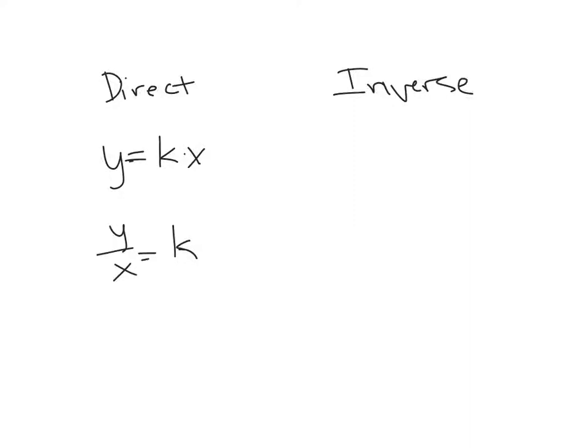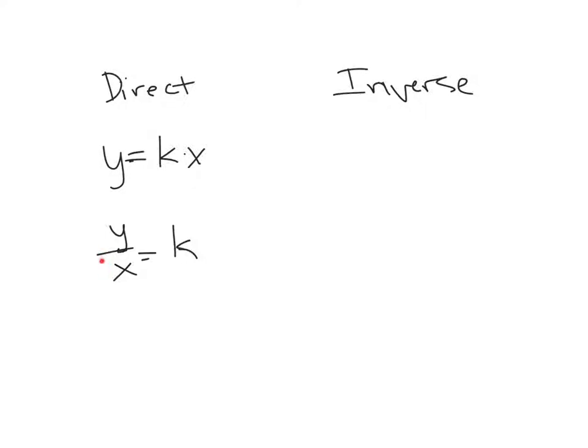Direct variation, just look at that equation for a second and agree with me that as y increases, x will increase in order to be equal to some constant here. So y and x are going to have to increase proportionally, if I can use that word. And we could even just think about a simple fraction there.